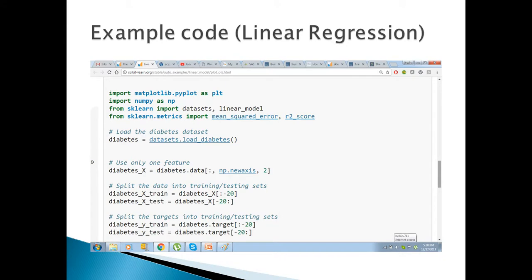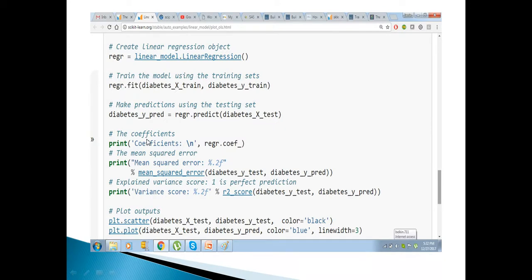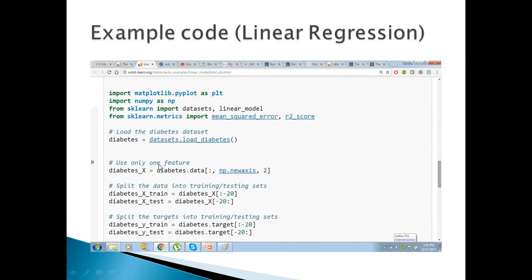This is a kind of example of what we do: we load the data set using this kind of method. Then you see that we get the features, and here we are splitting into a training data set and a test data set, 20% testing and 80% training.